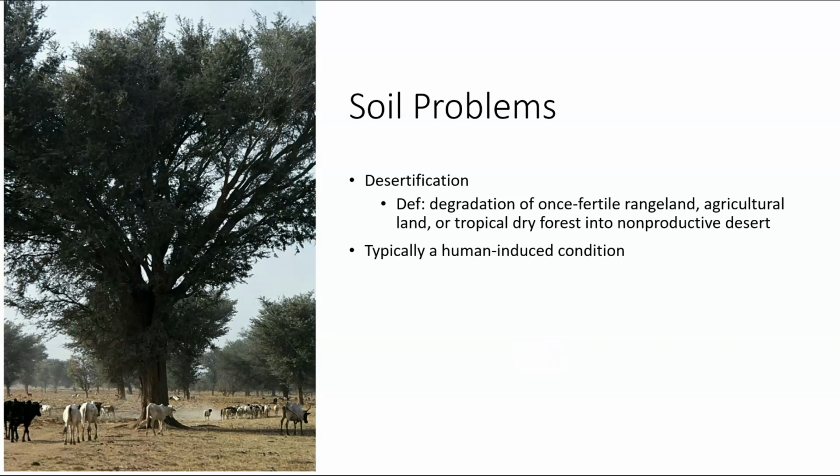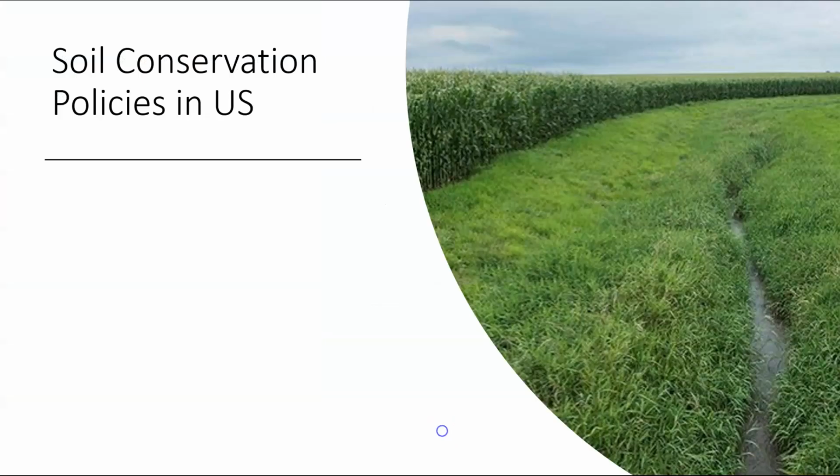It's typically a human-induced condition because in those semi-arid areas, remember we have vegetation that is adapted to periodic droughts. They go dormant and hold on until the rains return. So through poor soil management, we get this process of desertification, which can obviously impact vegetation, but it actually has climatic implications that are important as well.